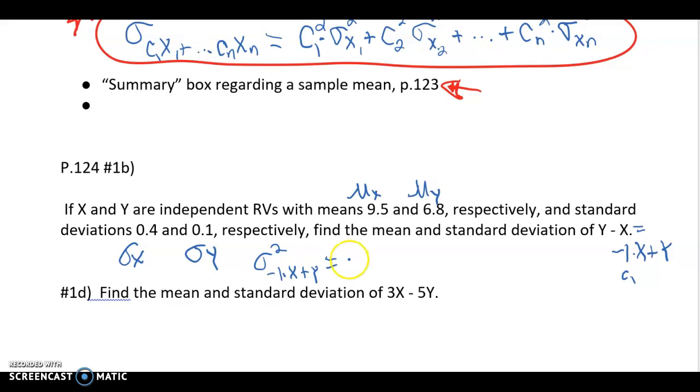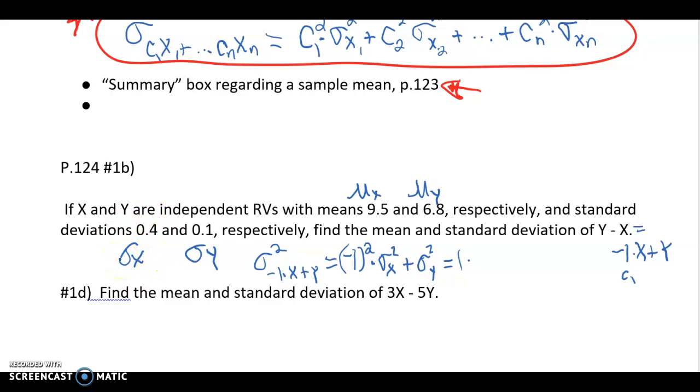That's the thing that's all starred and in red up above. So I'm going to take -1 squared times the variance of x, I'm going to write it all out, plus 1 squared, which is just 1, times the variance of y. I'm doing it in baby steps because what I want you to see is that -1 squared is just 1. And the variance of x is not 0.4, it's that squared.